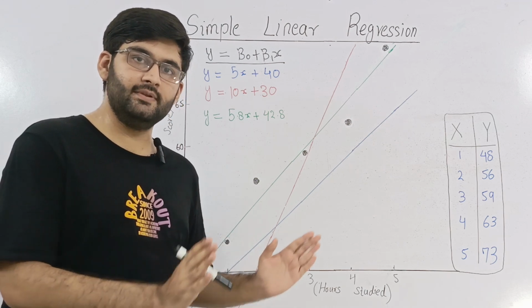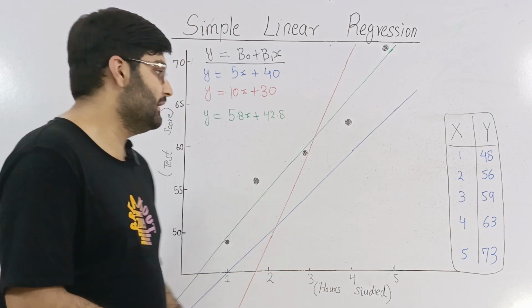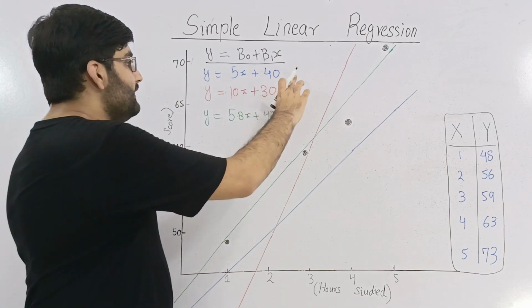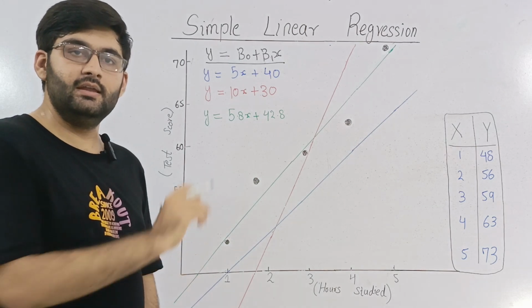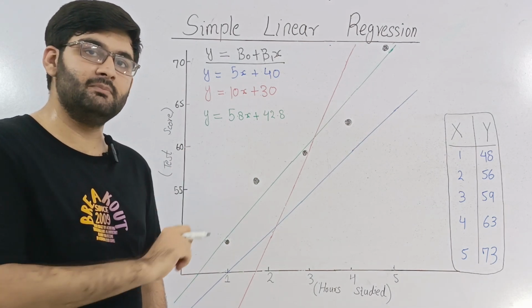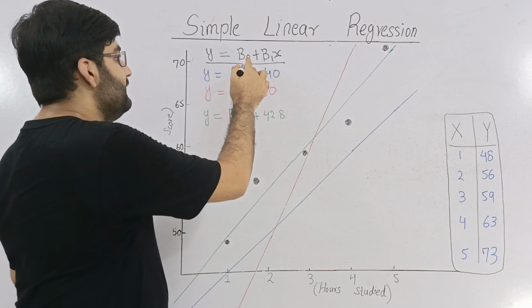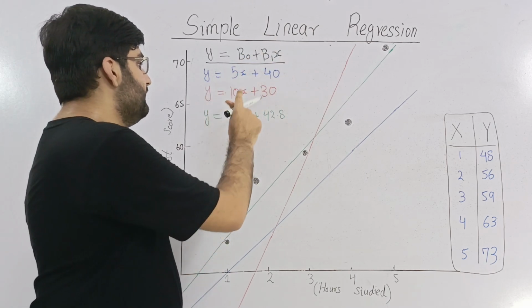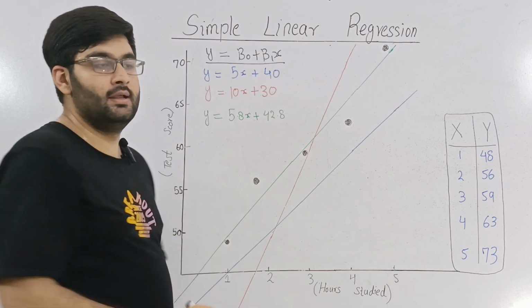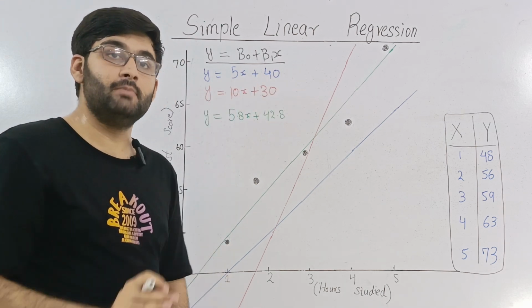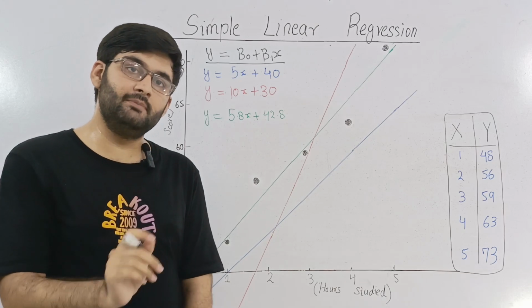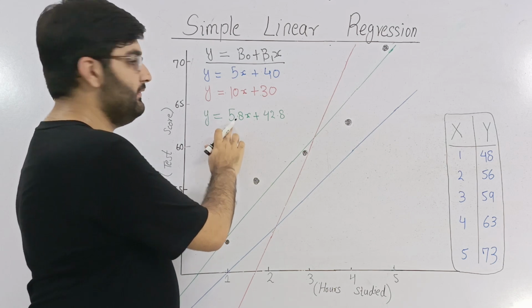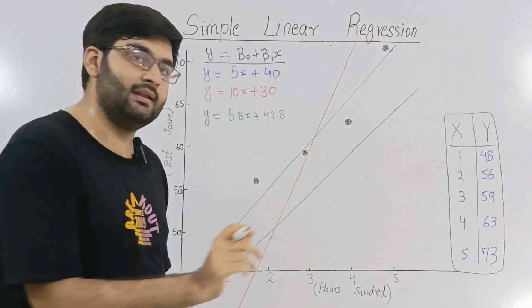Here I have plotted three different lines on the data set: the green line, the red line, and the blue line. And these are the three equations of the lines. Each of the three equations was derived by selecting the values of beta 0 and beta 1 and putting them in this equation. The blue one and the red one, I formed by picking the values of beta 0 and beta 1 myself, whereas I obtained the green line's equation through simple linear regression.